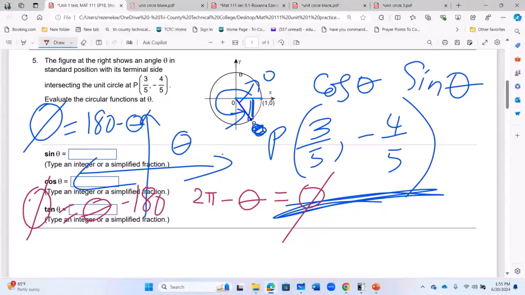Now I'm told to find the 6 trig ratios. The important thing is that the first point is cosine theta, and that's the answer. This angle is in the fourth quadrant. Is cosine going to be negative or positive?